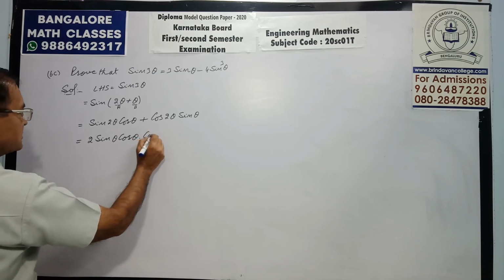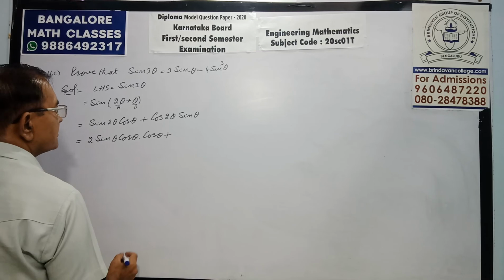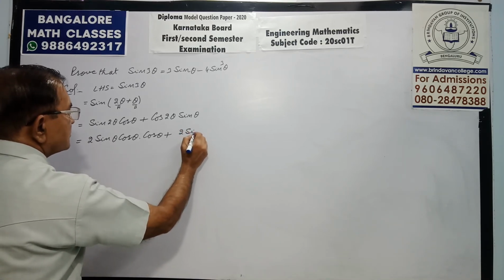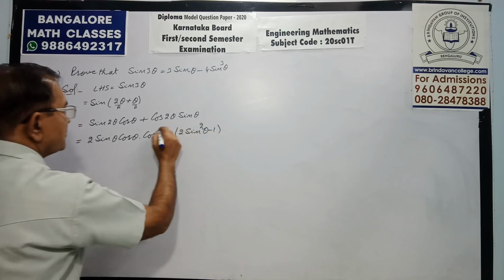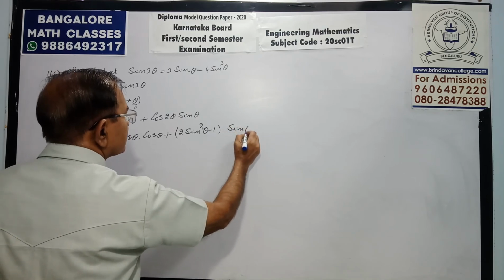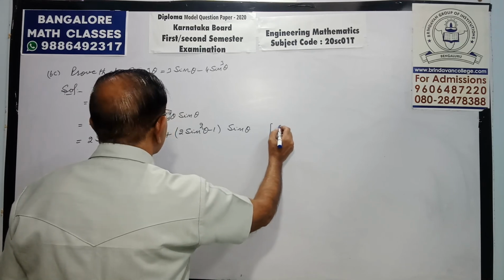Then one more cos theta is there. Plus cos 2 theta, and we want in terms of sin.